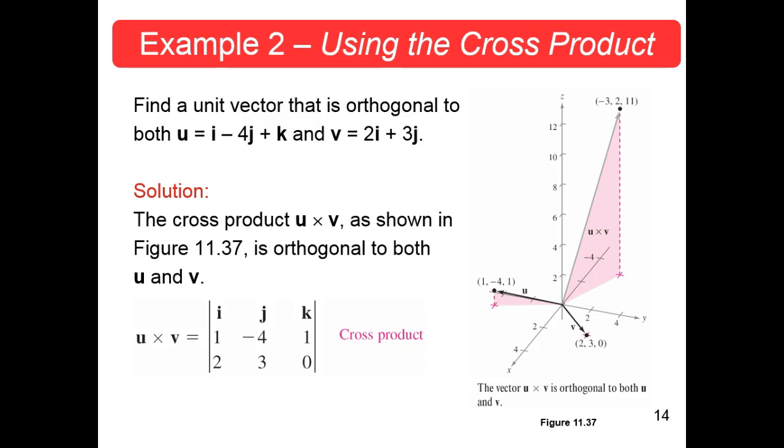As I guess what you would call it, the projection of that vector, u cross v, down onto the xy plane. The pink there would be the plane that is defined by that vector u cross v as you shoot straight down to the xy plane.